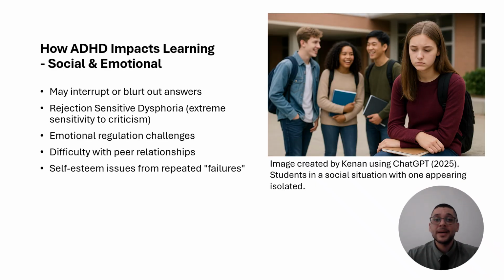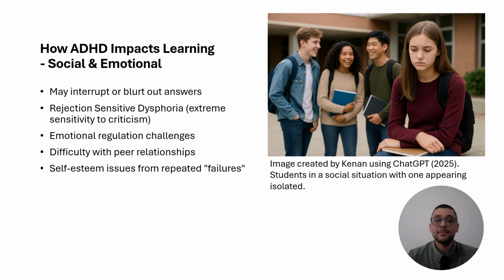ADHD also impacts social and emotional aspects of learning. Students may interrupt conversations or blurt out answers, not because they are rude, but because they struggle with impulse control. Many experience rejection-sensitive dysphoria, an extreme sensitivity to perceived criticism or rejection. Emotional regulation is challenging, with emotions often feeling more intense and harder to control.